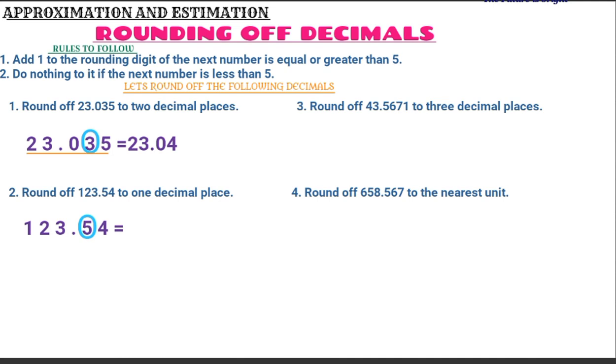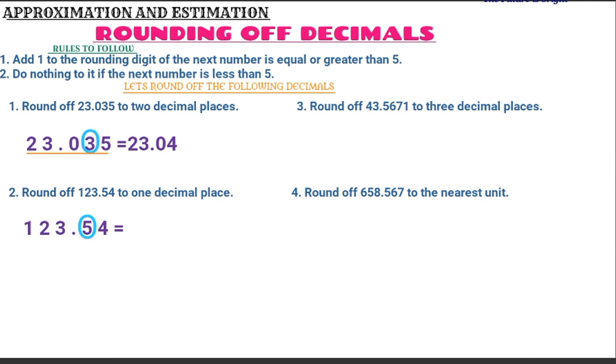When we look at 4, 4 is less than 5. That means we are going to use the second rule, which says do nothing to it if the next number is less than 5. So we will do nothing to 5 because the next number is less than 5.